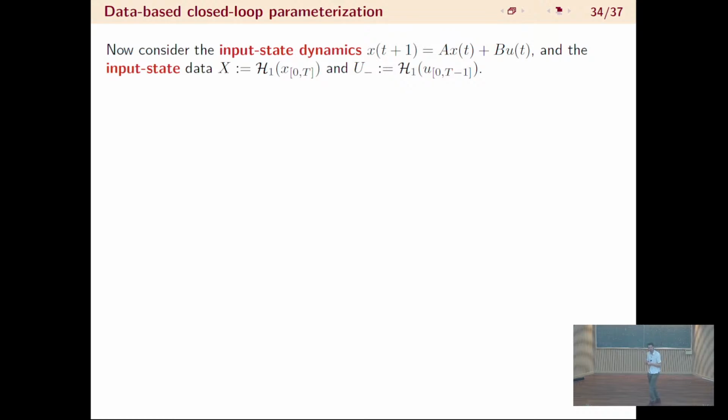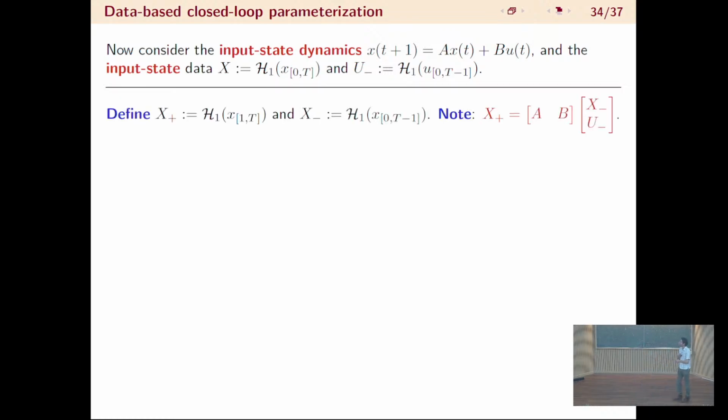So I use a shorthand notation. X denotes the Hankel matrix of depth 1, so just one row of states. And U minus denotes the Hankel matrix of depth 1 of the inputs. We also define shifted versions of the state data. So X plus denotes the Hankel matrix of depth 1 of the states, starting from time 1, so I exclude the X at time 0.